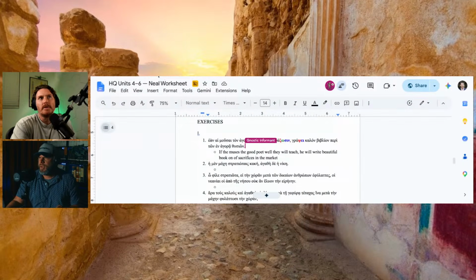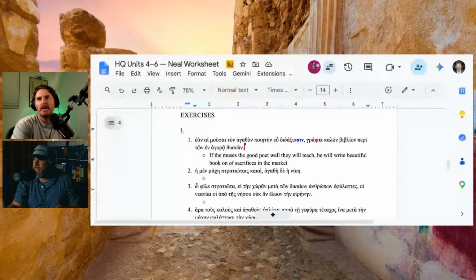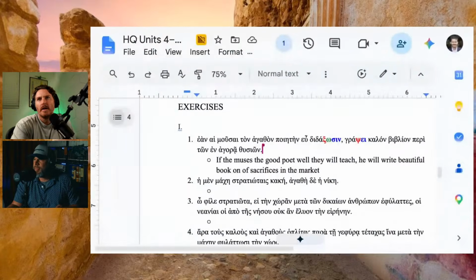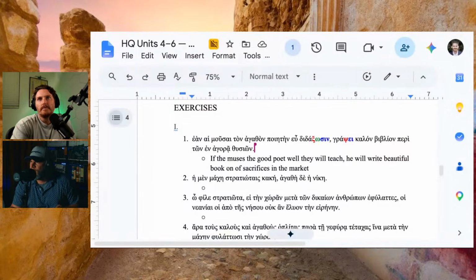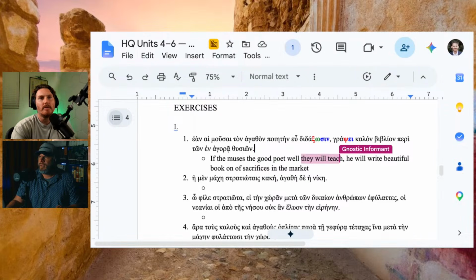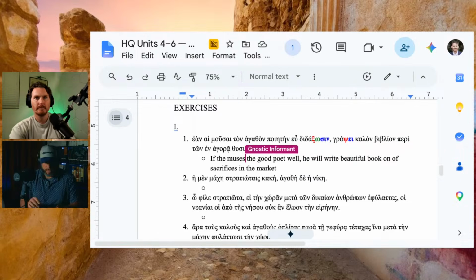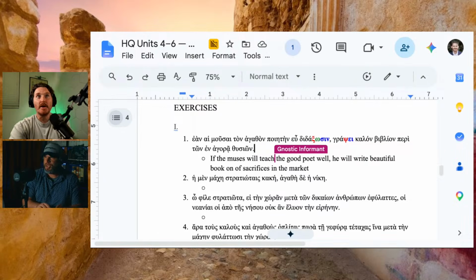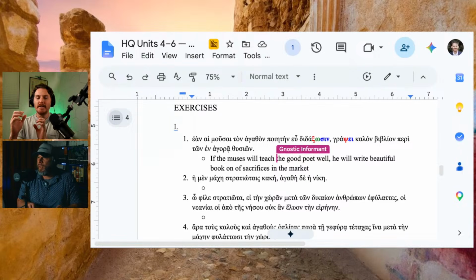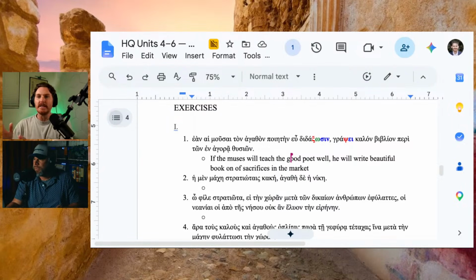Okay, let's start with the verb. If, and then who's the subject? If the muses will teach. You want to move it into a better position for English syntax. Just so everybody sees what he did: Neil did a quick literal translation, and now he's cleaning it up.